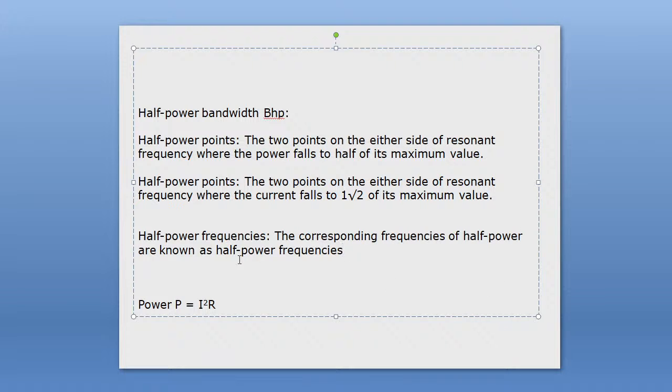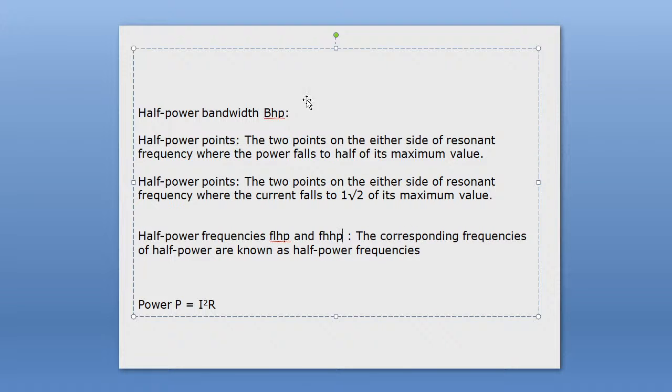Now if you denote them as F1 and F2, the half power frequencies, F low half power frequency and F high half power frequency, on both sides of the resonance frequency, you will get a low half power frequency and a high half power frequency.